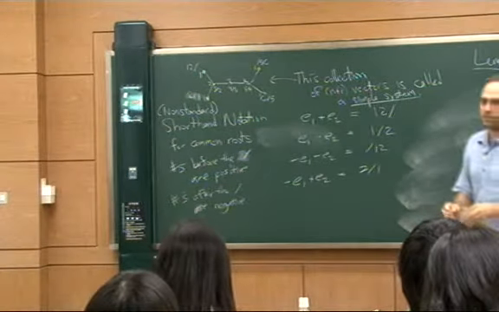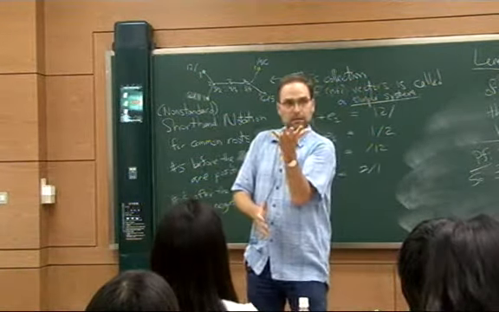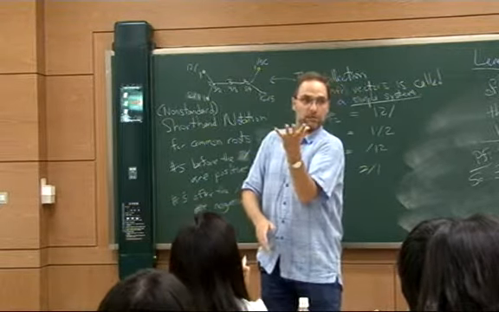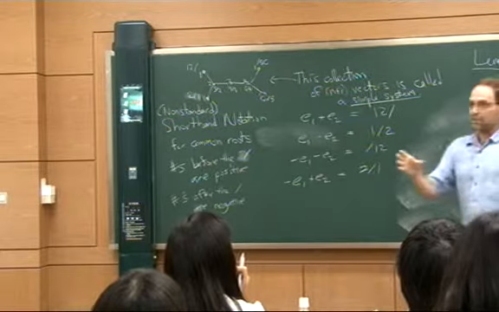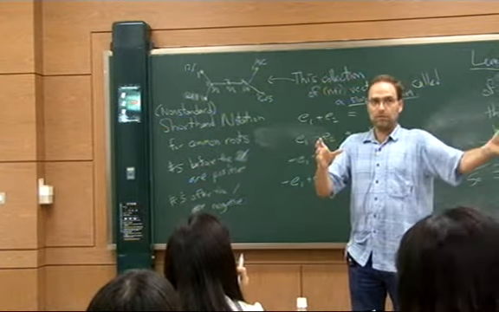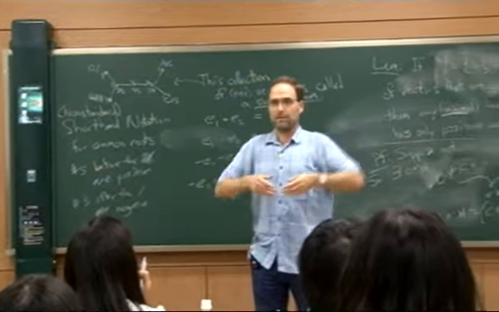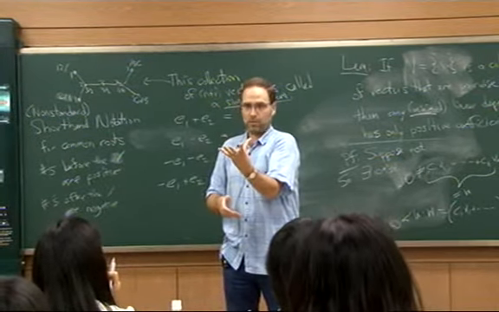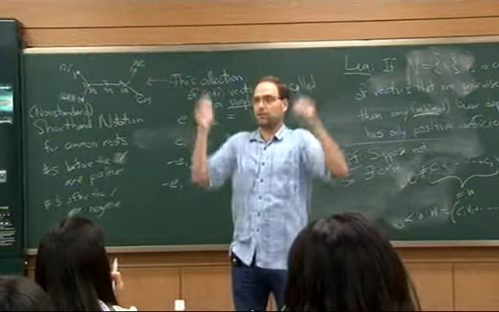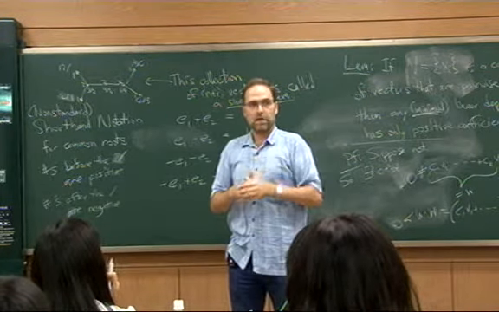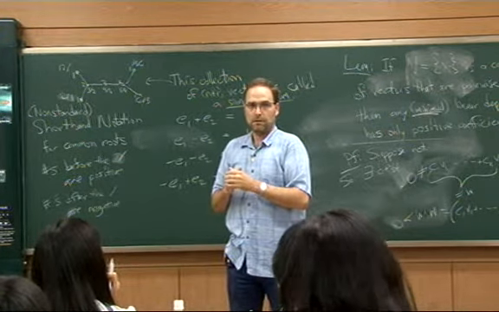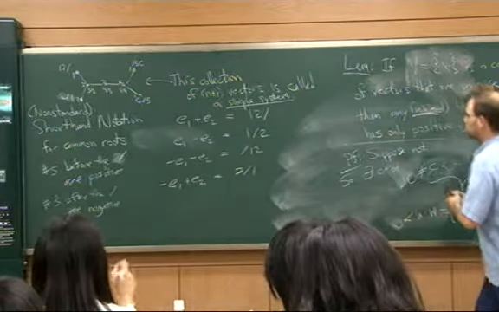Because if it's in the span, it's a linear combination of these vectors. But now take this linear dependency that we have with all positive coefficients. That's 0. Just add it to the description of your point, and you can make all the coefficients positive. And so every point can be described as a positive linear combination of the vectors in your subspace.